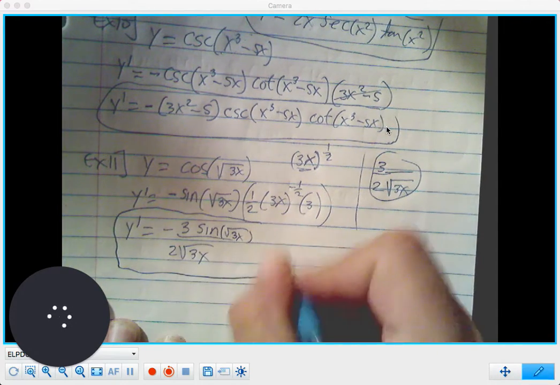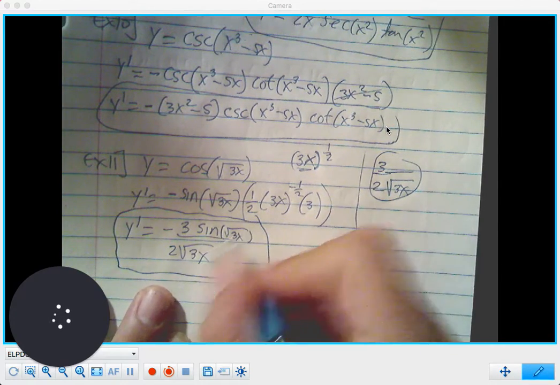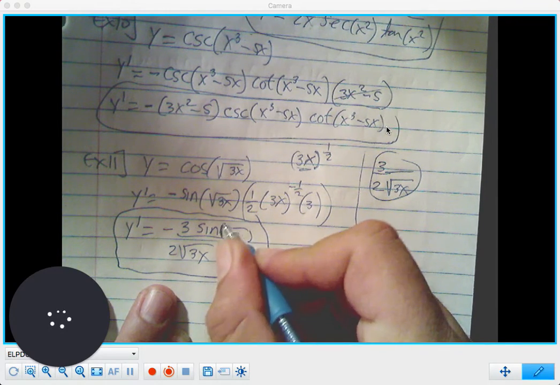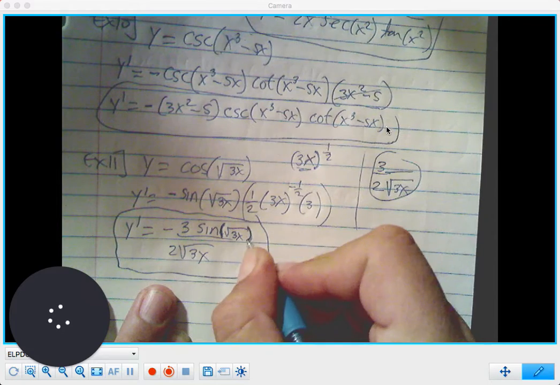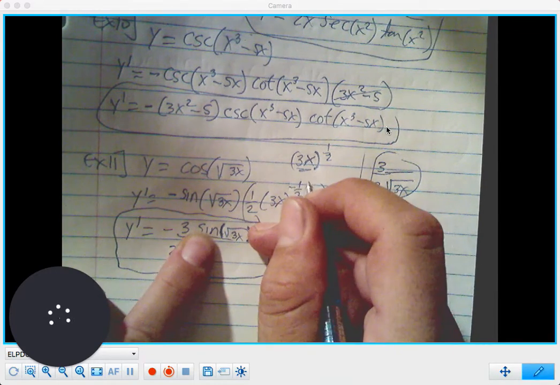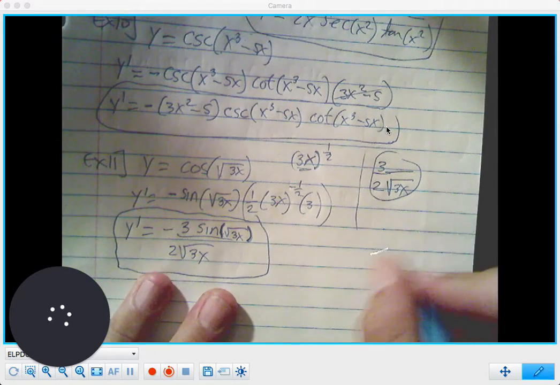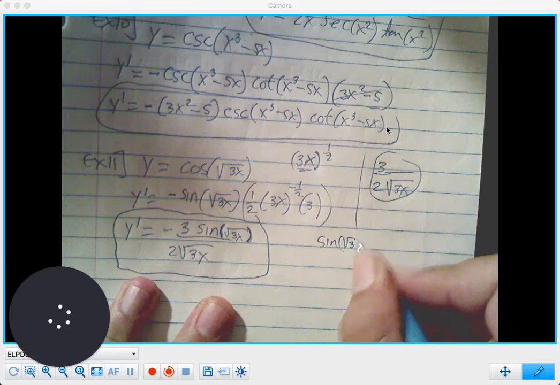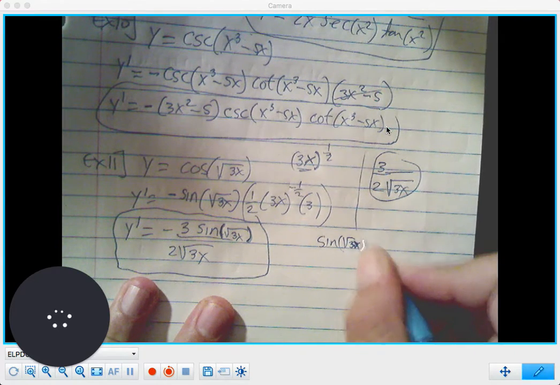Okay? No, you cannot cancel this. Anytime you have something inside a trig function, see, this square root of 3x is part of the sine. Now, let me just do it here. Sine of 3x. Oops.